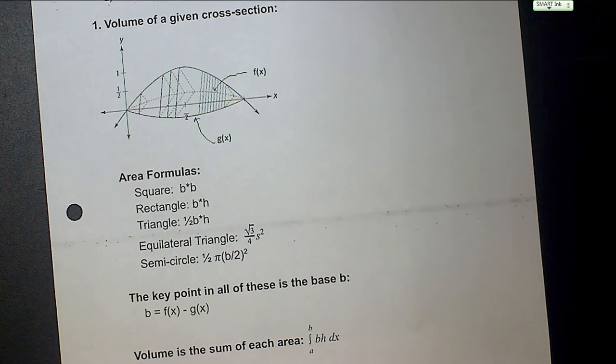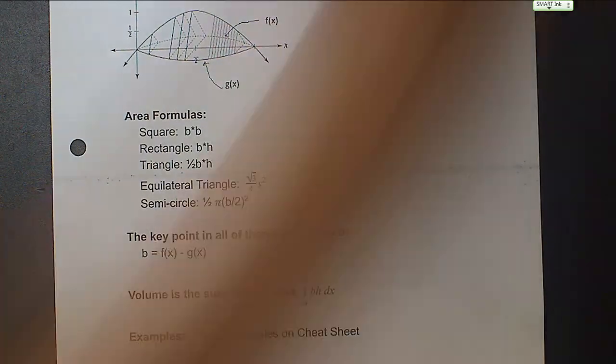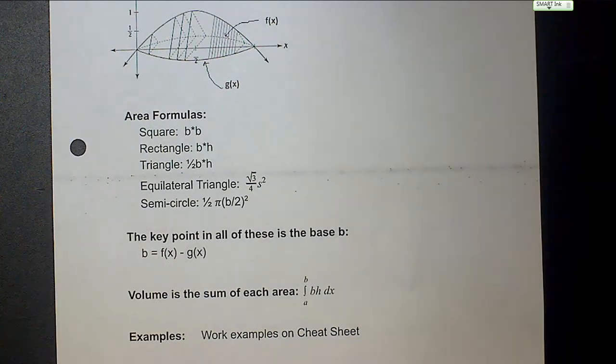And it's really simple ideas, but sometimes it just gets confusing as you get into it. Basic area formulas from middle school: area of a square, base times base. Area of a rectangle, base times height. Area of a triangle, 1/2 base times height, etc. The key point of all of these is the base, and this is where the calculus comes in.